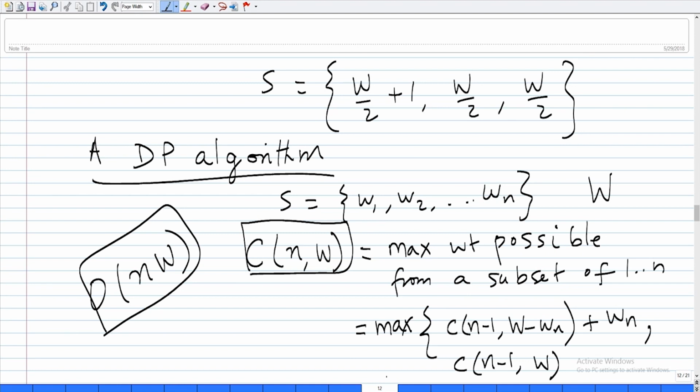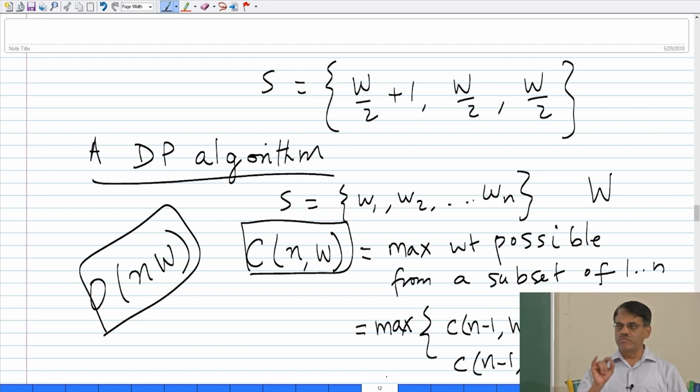And I had this example also for primality, right? The simple square root of n algorithm depends on the value of the number, not the size of the number. Because to write down these capacities, to write down W, how many bits do you need? Log W bits. So you want an algorithm which is polynomial in the input size.